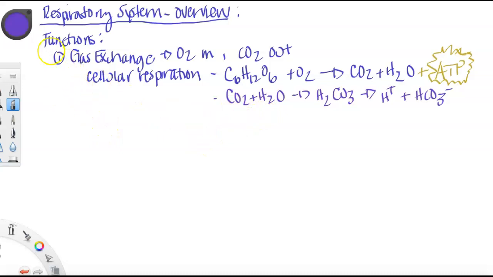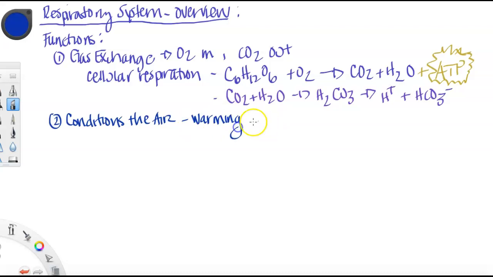All right, what else does the respiratory system do? Well, it conditions the air. All right, so when you breathe in through your nasal passages and down into your bronchi and all of that, that air is warmed and it is humidified.